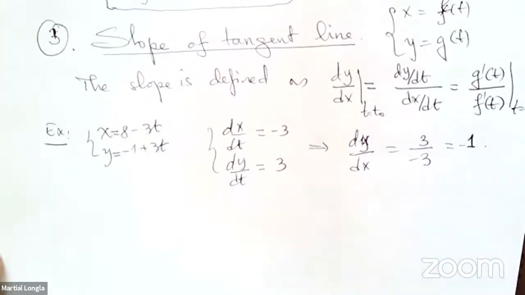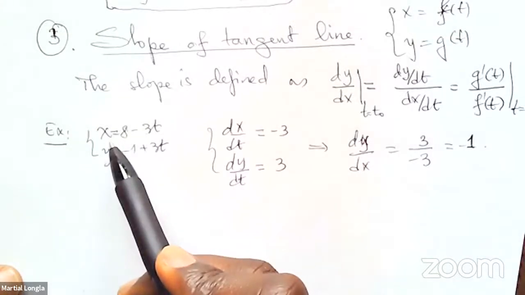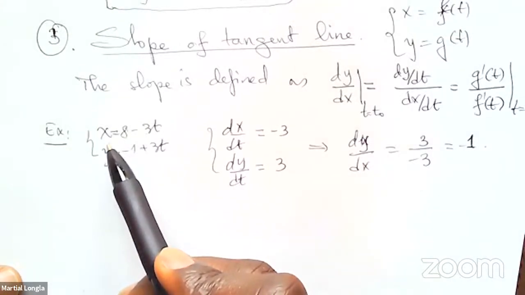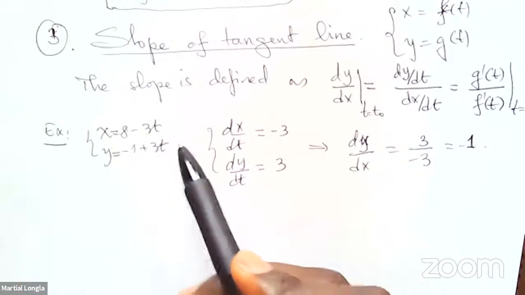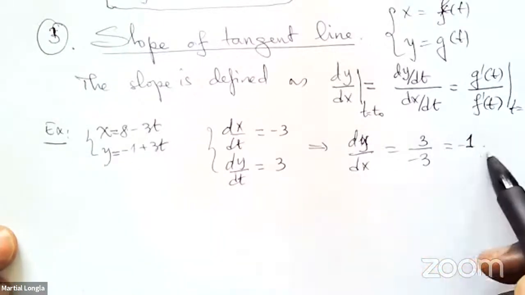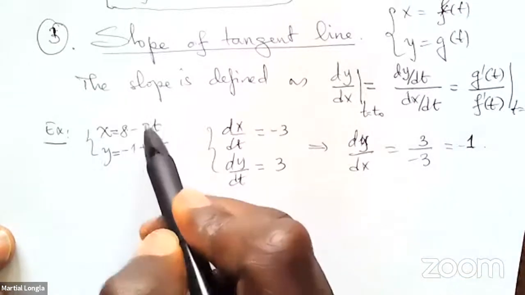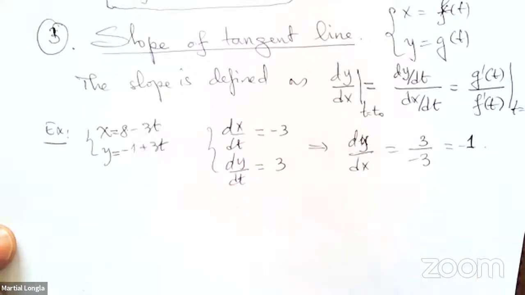So, and this is understandable. It is a line, right? So when you have a line, the slope of a line is constant at all points. That's why it doesn't depend on t. In this case, dy over dx is -1. The slope of this line is -1, which is 3 over minus 3.